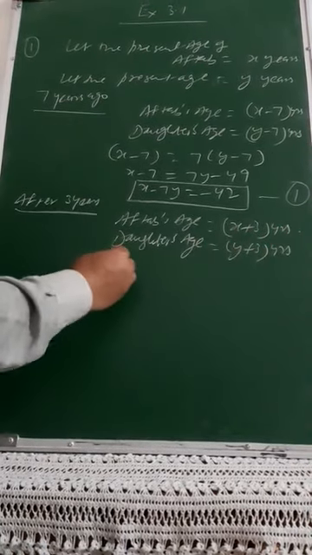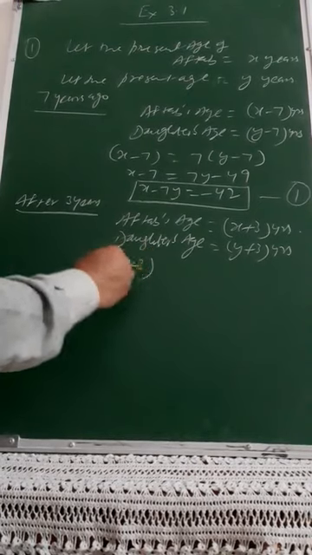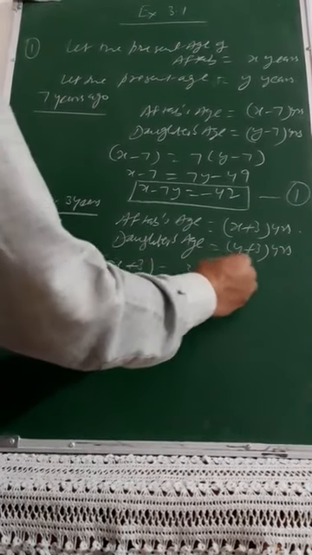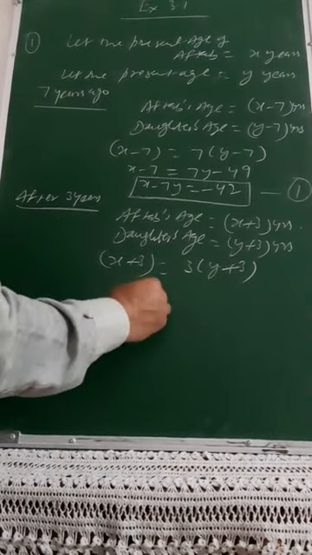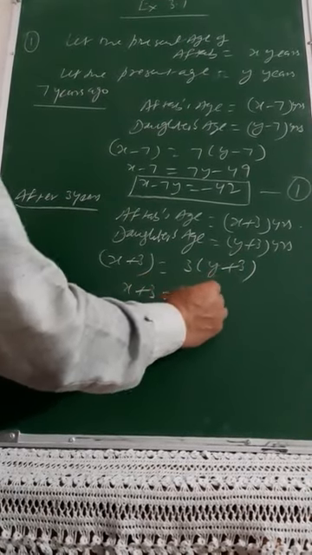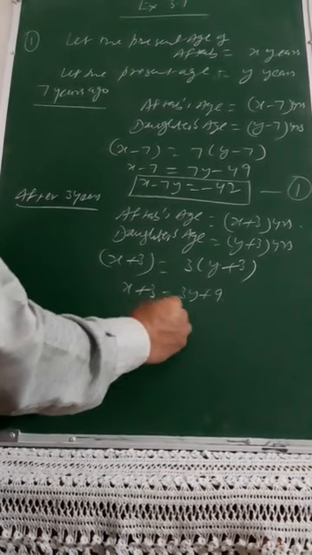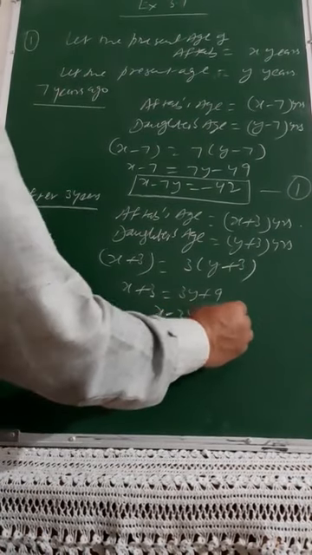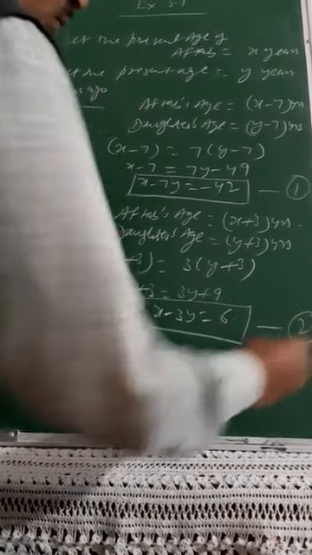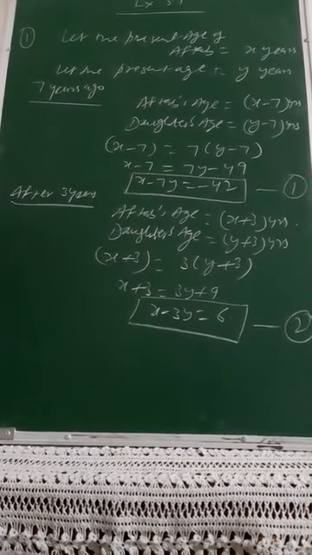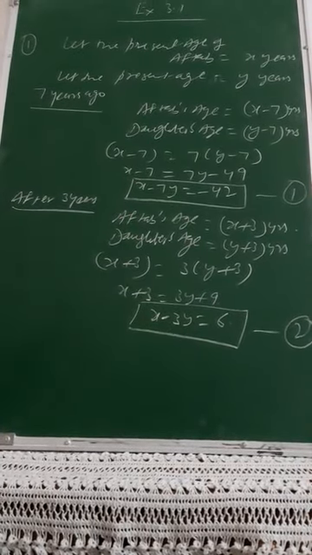And as per condition, father's age now is 3 times of the daughter's age. 3 times means 3 into y plus 3. So if you solve this, x plus 3 is equal to 3y plus 9. So x minus 3y, somewhere I am getting is equal to 6. So this is the second equation I am getting here, that is x minus 3y is equal to 6.